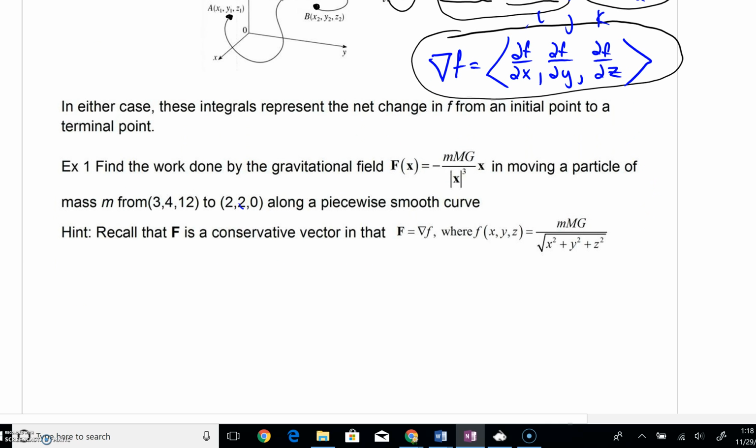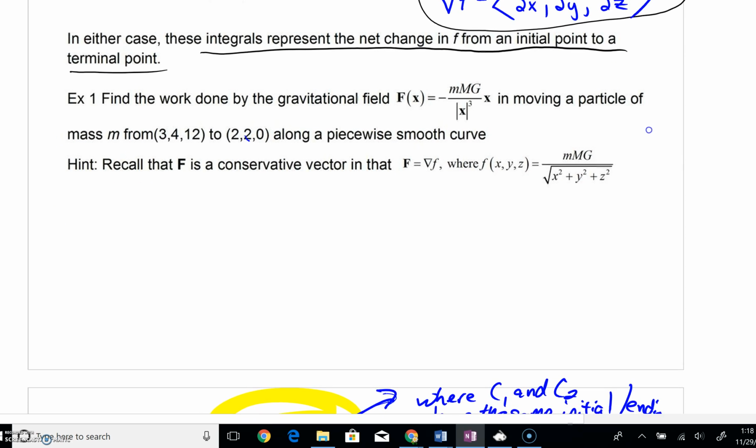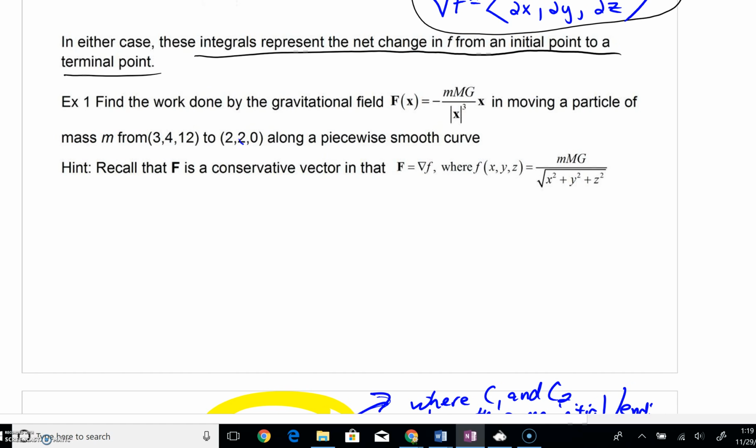In either of these cases, whether you're in 2D or 3D, these integrals represent the net change in f from an initial point to a terminal point. So a little while back, right at the start of our unit here, we were looking at a force field, a vector field, the gravitational field that is so very famous in physics, and really that's Newton's law right there.